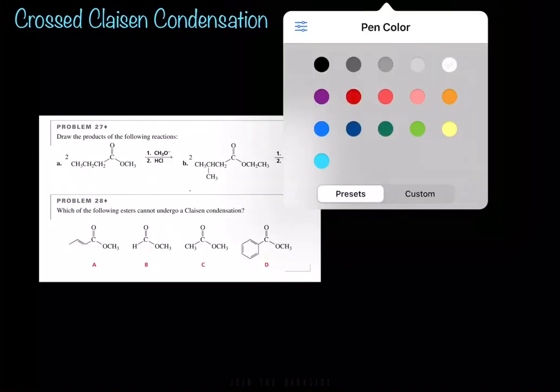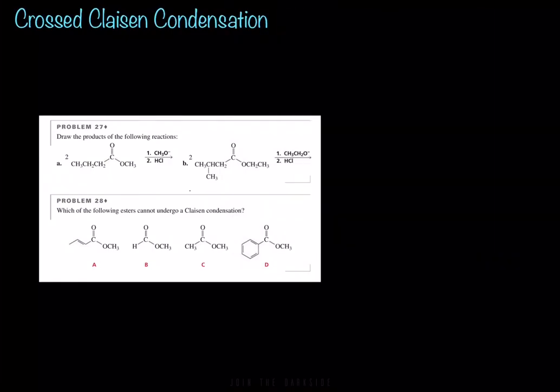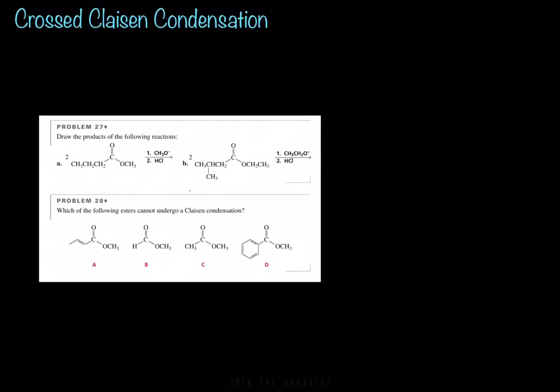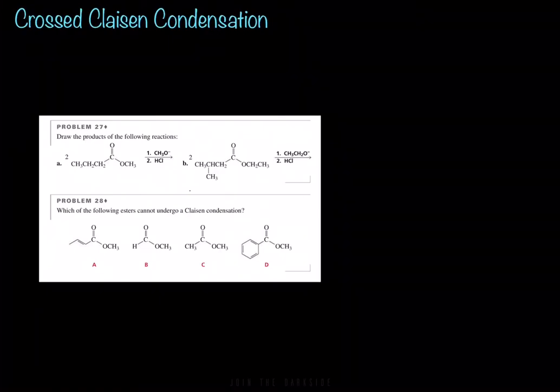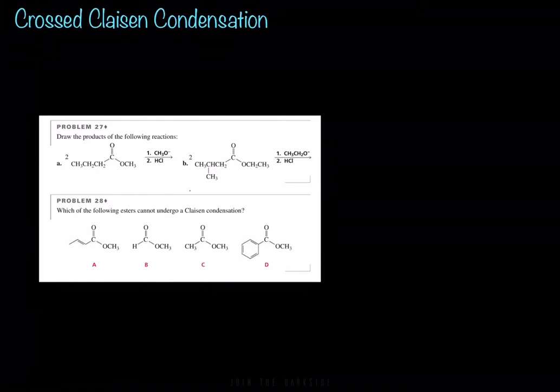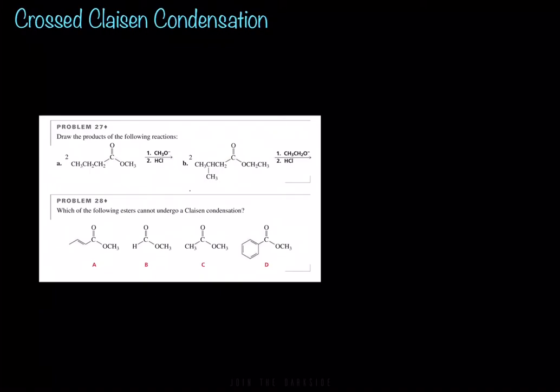Okay, next, crossed Claisen ester condensation. It is the condensation between two different ester molecules, so the ester molecules should be completely different. Again, you will get a mixture of different products in the Claisen ester condensation, and you should find a way to minimize the number of side products obtained.